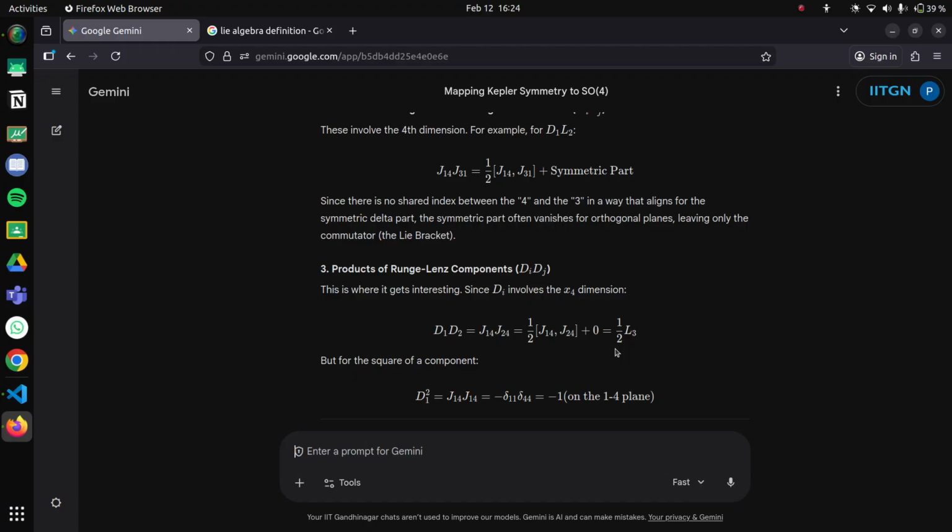Involves the export dimension by path of the component.